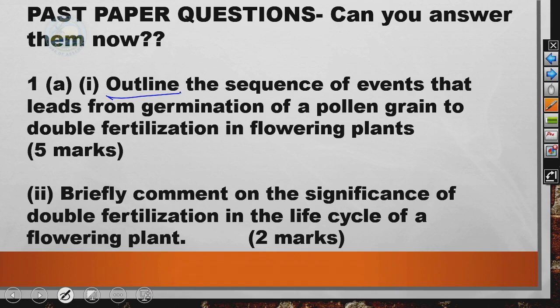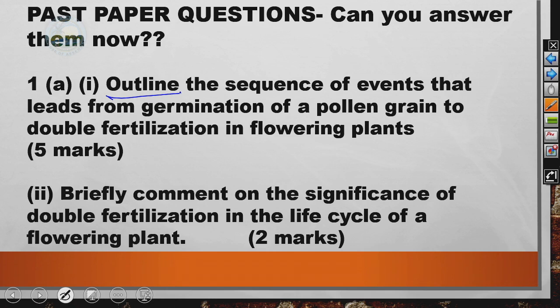They make their way all the way down to the micropyle, and the tube nucleus will disintegrate. Of the two nuclei that remain, the first will merge with the egg nucleus in the female gamete and become the new zygote, and the second will merge with the diploid nucleus and become the endosperm, which is the food store.